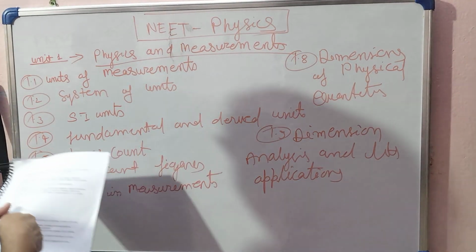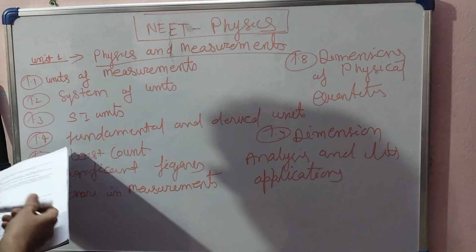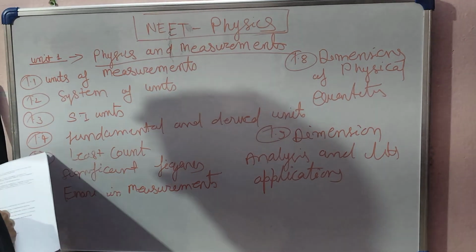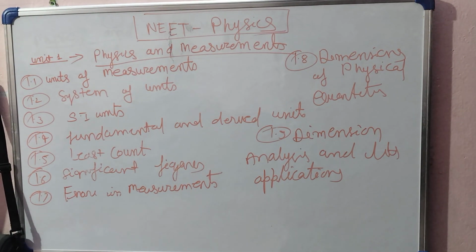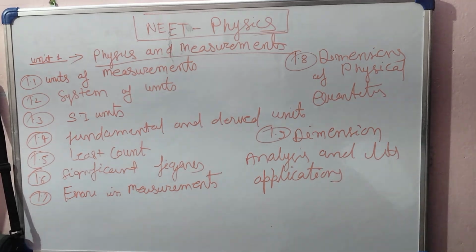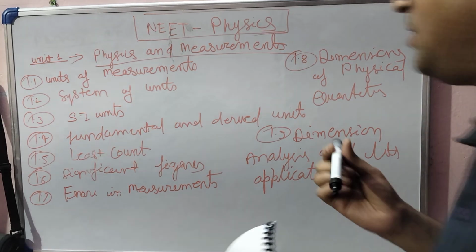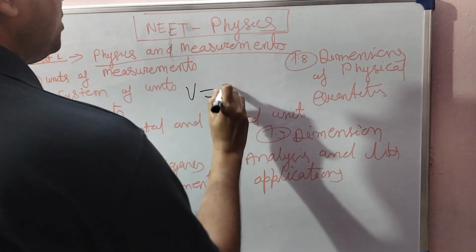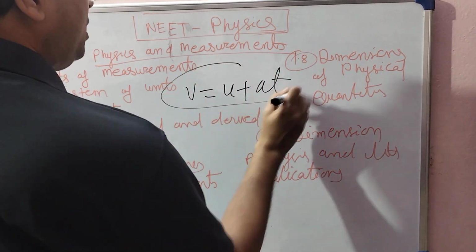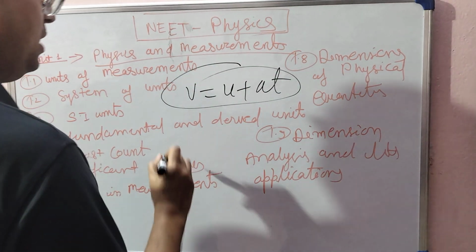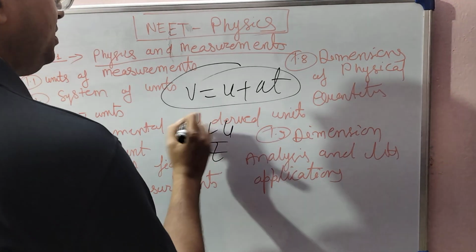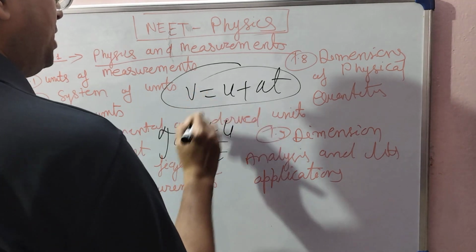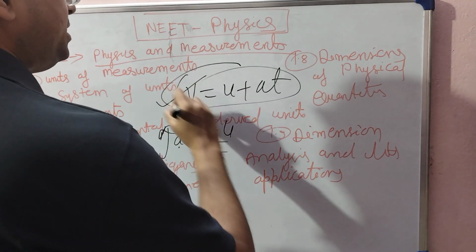I will give a simple example: v equals u plus at. This is the formula. And a equals (v minus u) upon t. This formula is derived from the other formula.